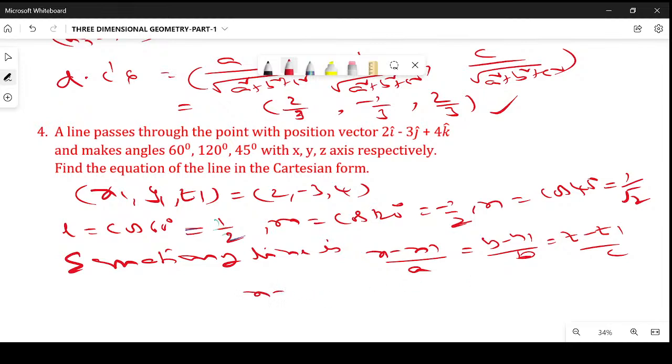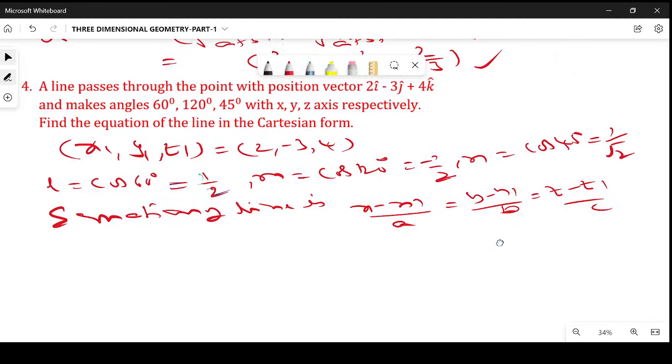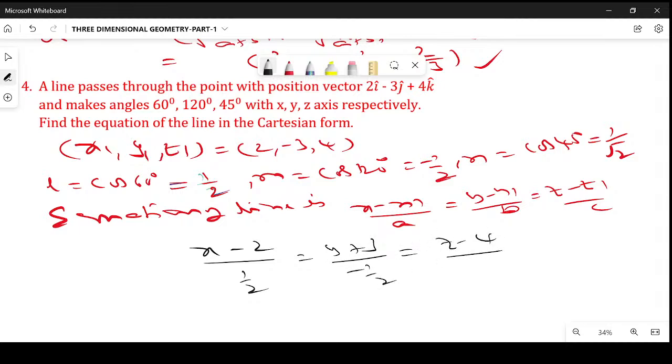The point is given, so passing through this point I can write x minus 2 by 1 by 2, y plus 3 by minus 1 by 2, and z minus 4 by 1 by root 2.